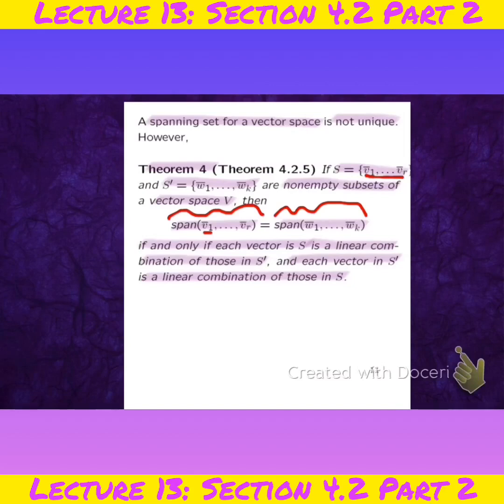So you can write V1 as 1 times V1 plus 0 times V2, up until the end, 0 times VR. So you've expressed V1 as a linear combination of vectors in S.